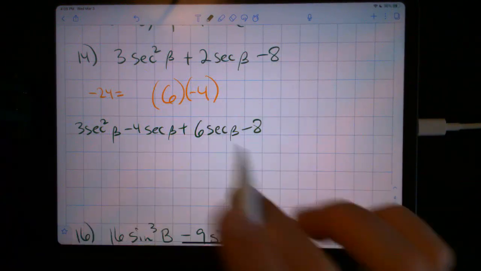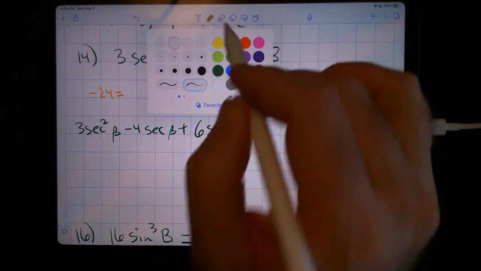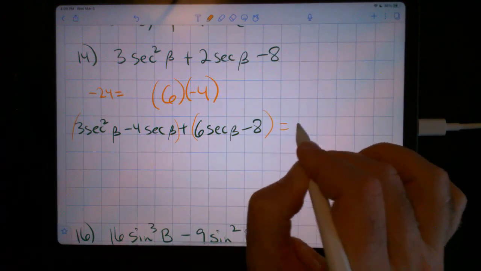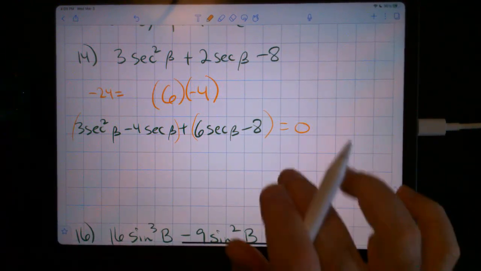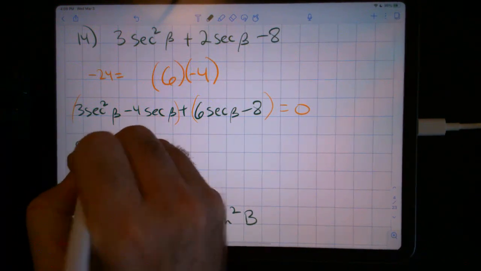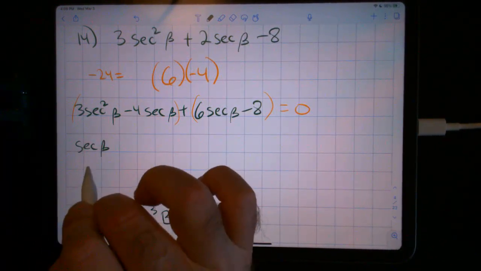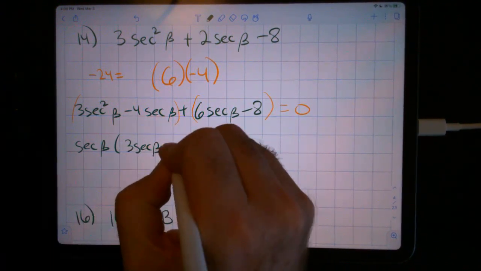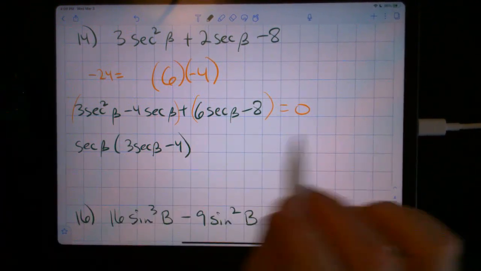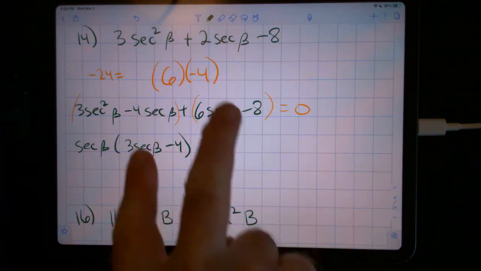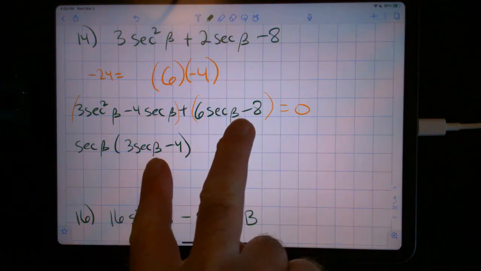The -4 plus 6 is +2. Then parentheses, take out the greatest common factor. So this greatest common factor is secant theta. I'm sorry, secant beta. And then these two should match. If they don't match, then you've done something wrong up in here with the AC part.